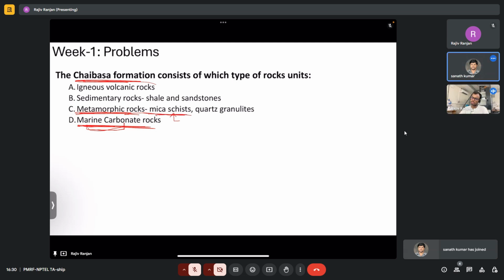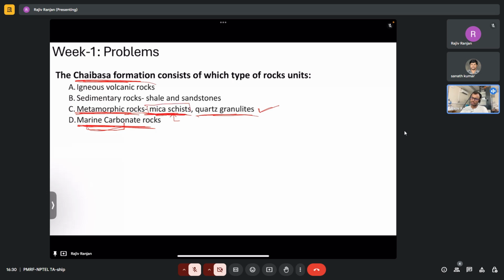It contains mica schist, quartz, and granulites. So what is the right answer? Which option? Metamorphic rock, right. So option C, and we have seen it in the introductory lectures also.